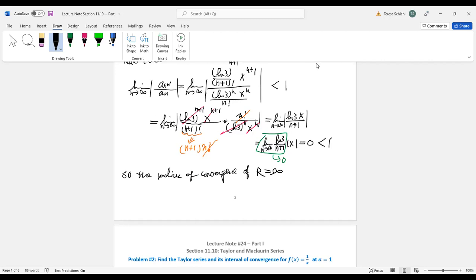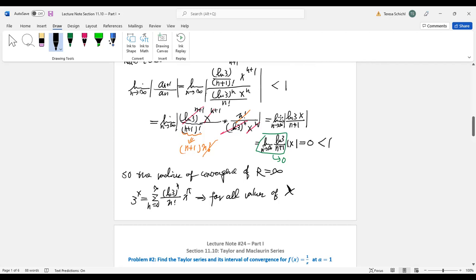So that means I can write that 3 to the x equals the summation n from 0 to infinity of natural log 3 to the n, x to the n, over n factorial, for all values of x. Okay, so that means the domain of x here, we can write as for all values of x. All right, so this is a very mechanical way.